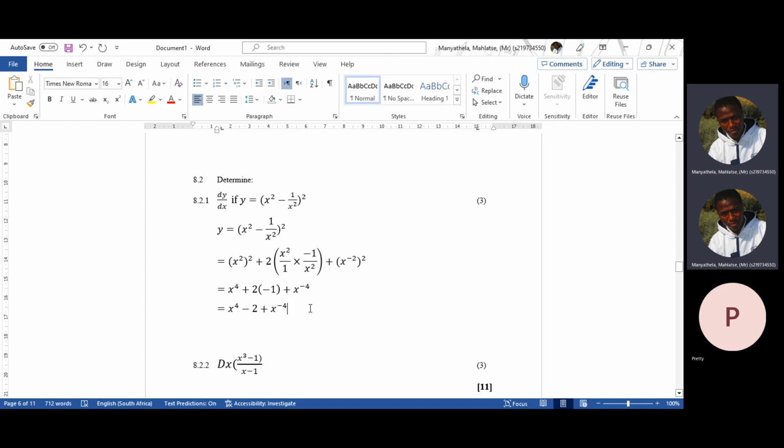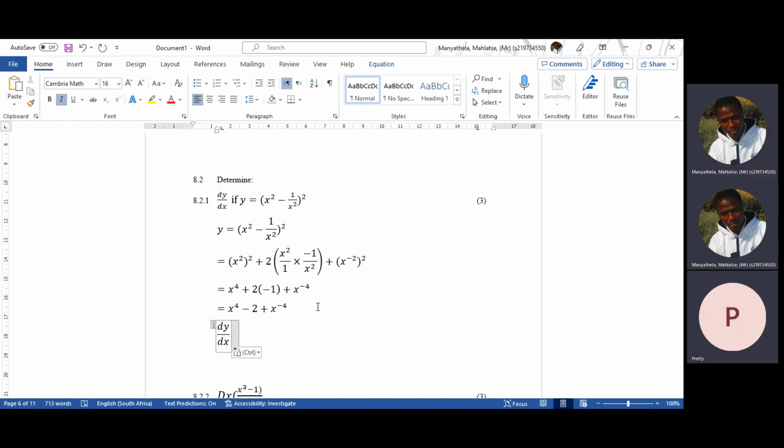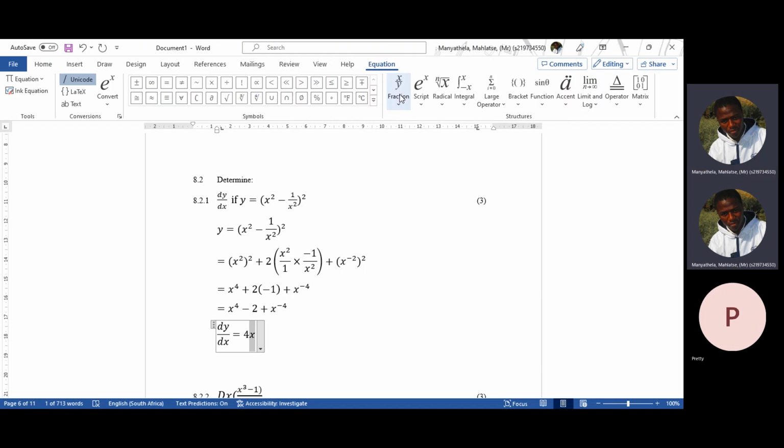Now that it is simplified, you are ready to differentiate. So dy over dx will be equal to: this power will multiply the base, and then from the power we subtract 1. So we're going to have 4 multiplying x, and the power 4 subtract 1 is 3.